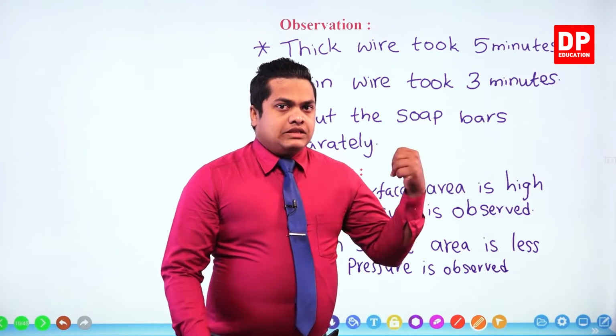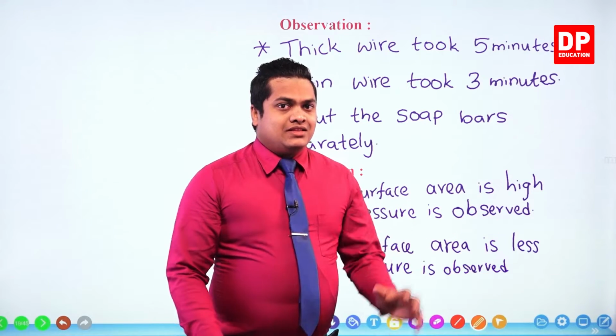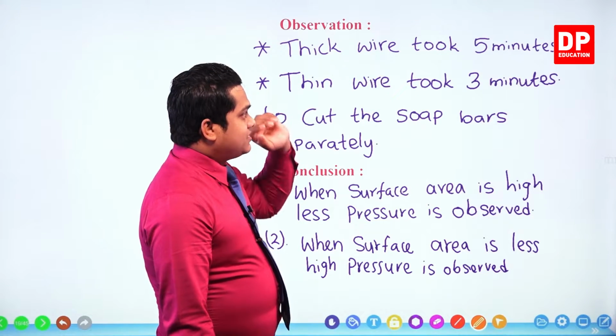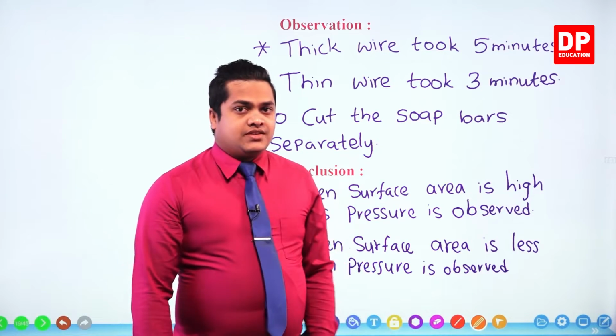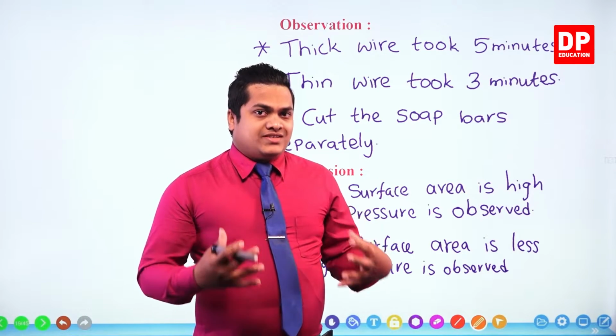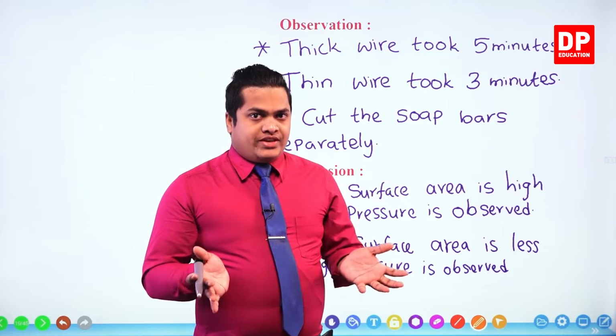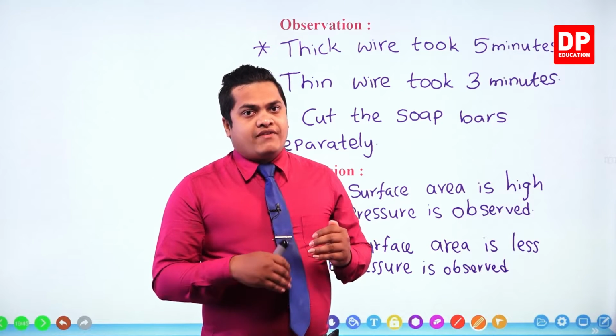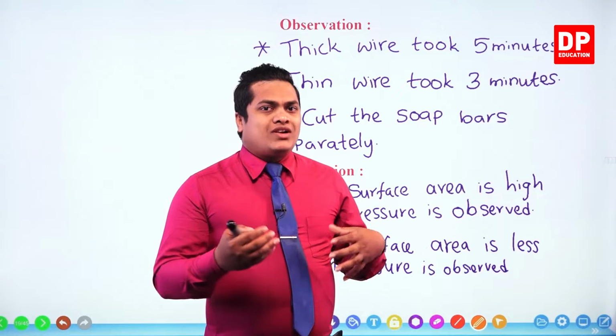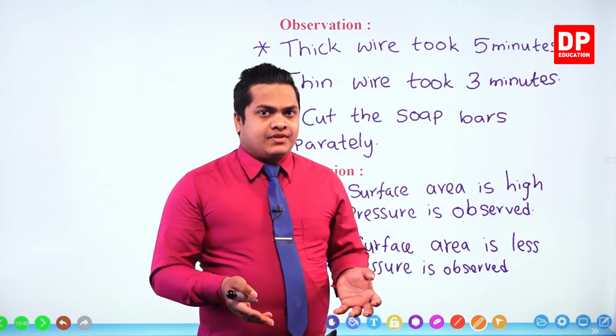That's why these two are taking this much time. Thin wire 3 minutes, thick wire 5 minutes. So you can see that when the thickness increases, the surface area is high. If it has high surface area, more time is taken.